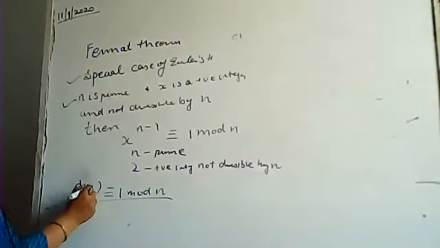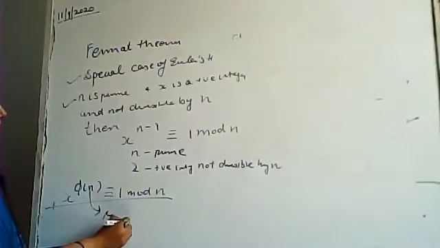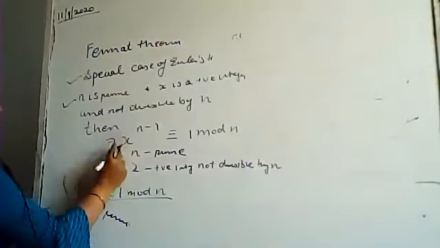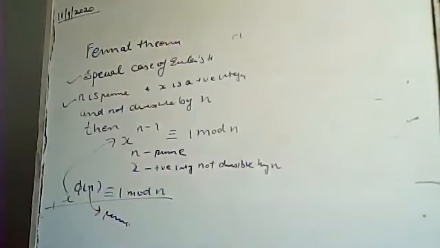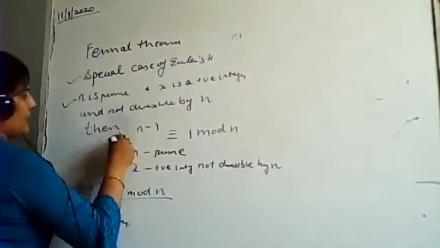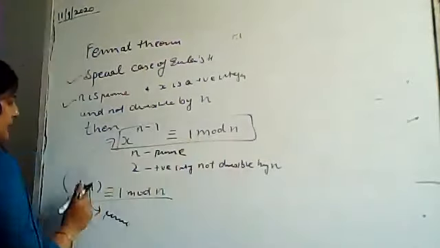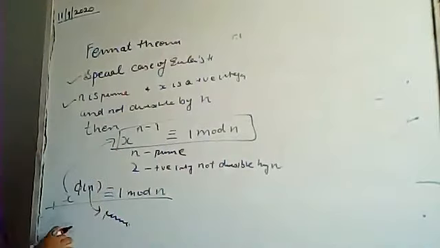But if my n is prime over here, then my equation is converted to this particular form. Then it becomes the Fermat theorem, that is x raised to power n minus 1 congruent to 1 mod n. This is, we can say, the special case of the Euler theorem.